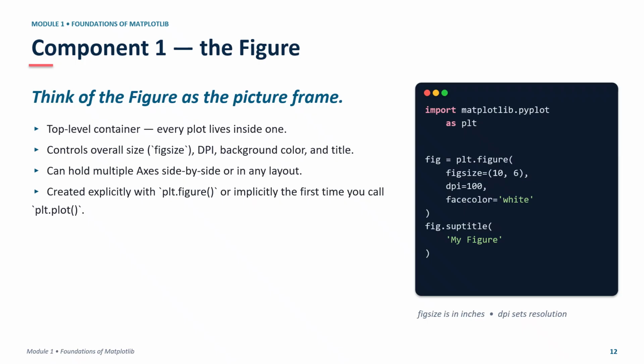It adds a title to your entire figure, above all the axes and not to a single plot. It is useful when you have multiple subplots and you want to give a title for the entire figure. Creating a figure does not show anything on the screen. You will still need to add the axes and plot the data into it.